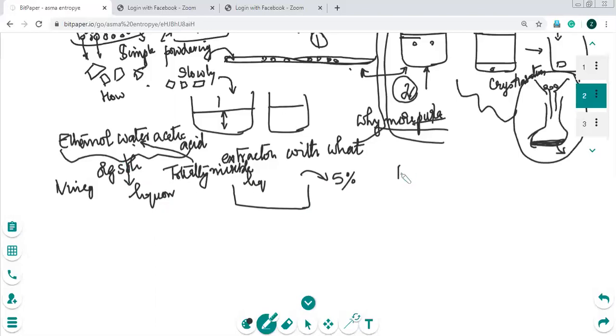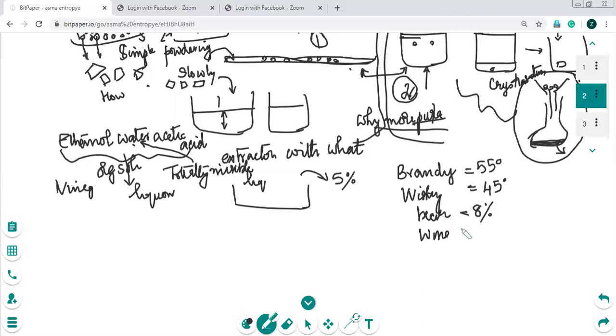What does brandy contain? 55%. Whiskey contains? The least is beer. Yeah, exactly. Whiskey contains 45%. Beer contains 8%. Wine contains 4%. So what you are getting by fermentation is wine only.